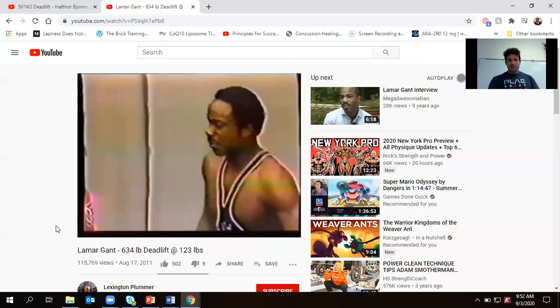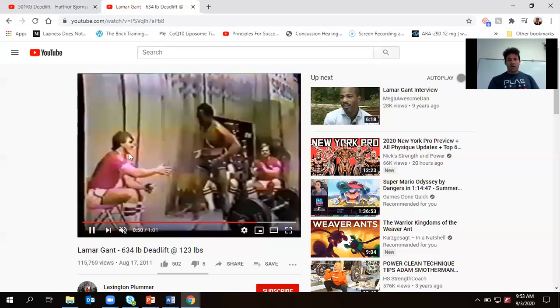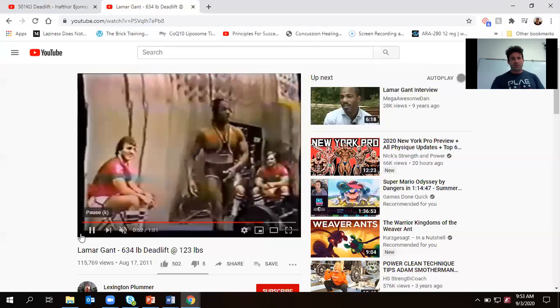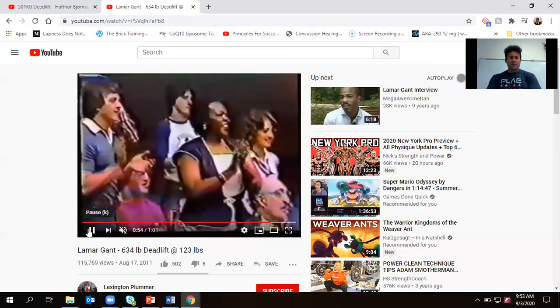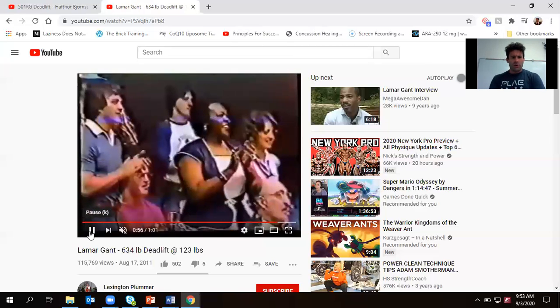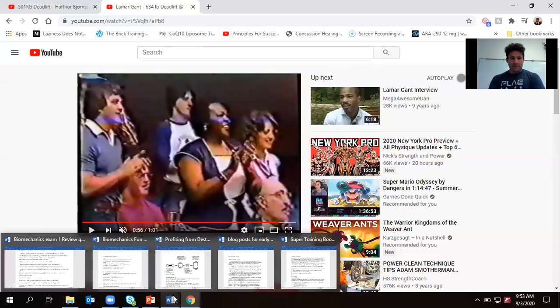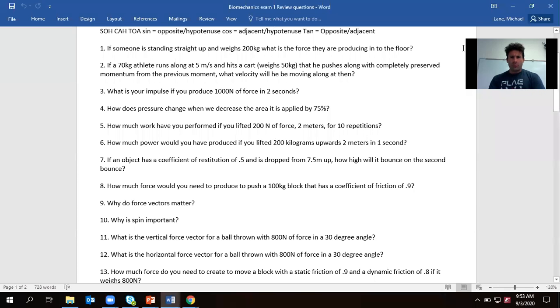Which literally means in that deadlift you guys just saw, and I understand obviously it's older, I believe late 70s, definitely early 80s when he pulled this off, Lamar literally deadlifted over 4 times his body weight. And I don't think pound for pound anyone's ever done anything better than that before or since.